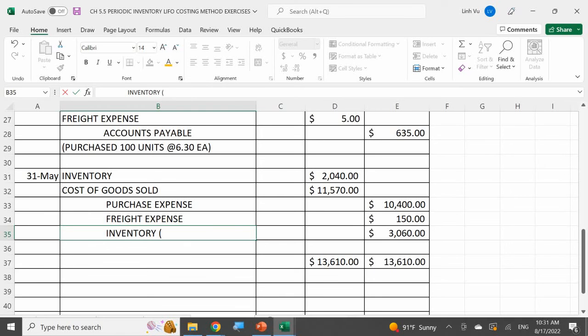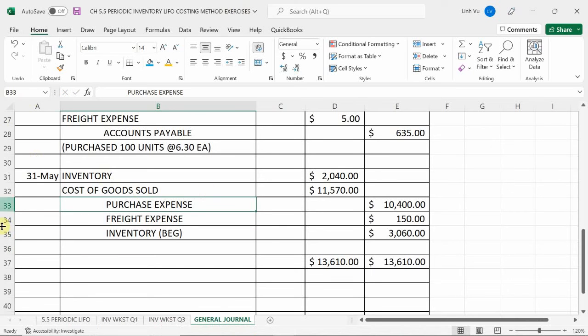Now, in accounting, it's actually wrong to do it the other way. Your ending inventory in the very first one is the same exact account as your beginning inventory. Just to help you remember which one is which, you're always going to be debiting your ending balance, because we're increasing the inventory.